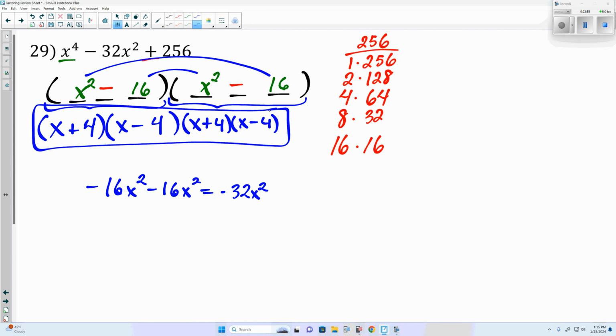So our expression x to the fourth minus 32x squared plus 256 actually factors to x plus 4 times x minus 4 times x plus 4 times x minus 4. So it's the exact same thing we've been doing, it's just we had to do one more step between. Questions on this here?